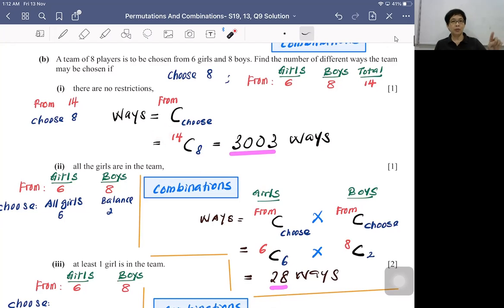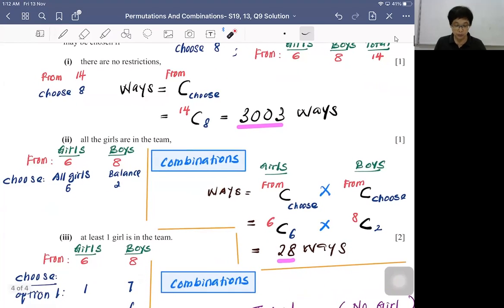There you go. With a little keying in of your calculator, you will know that there are 3003 ways to form a team of 8 people from 14 choices of children or teenagers. Yeah. Okay.